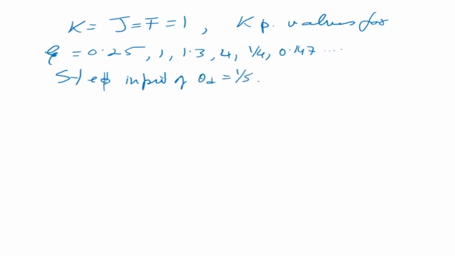So for the response we have put K equal to J equal to F equal to 1, with Kp values for zeta equal to 0.25, 1, 1.3.